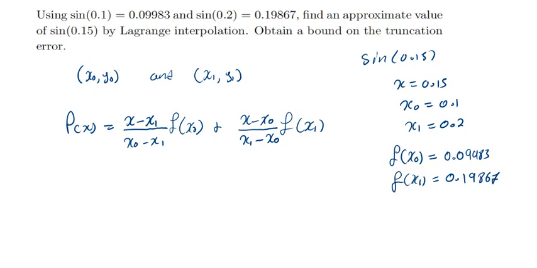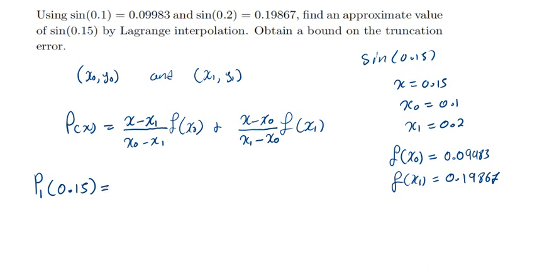Okay, so just a matter of substituting now. So we are now evaluating p sub 1, and our x is 0.15, which is what we are trying to approximate there.